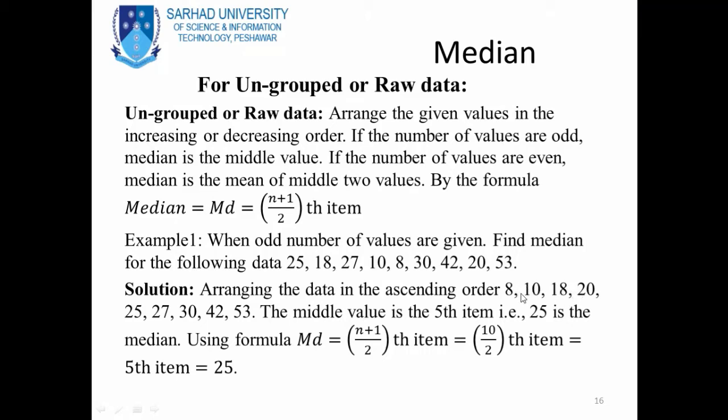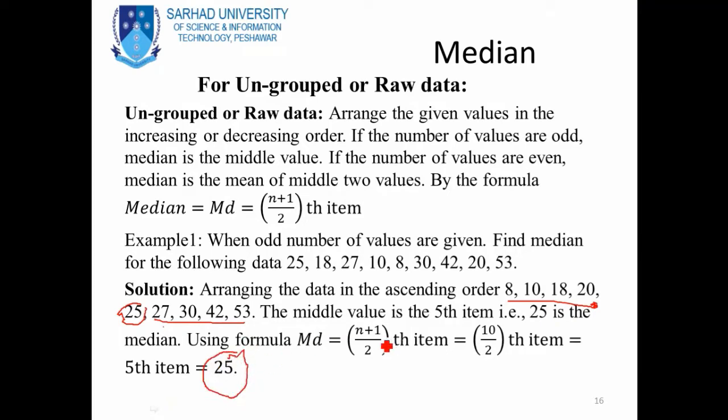One portion contains the four numbers 8, 10, 18, 20, and the other portion contains the four numbers 27, 30, 42 and 53. So 25 lies at the center, and this is the median for the data.